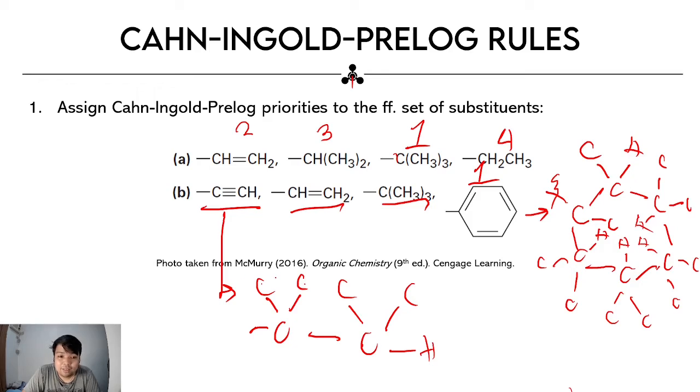So obviously this is higher in priority than this one. So this will be our number 4. Now the tiebreaker will be between this substituent and this substituent here. Now this substituent is, I'll draw it again.